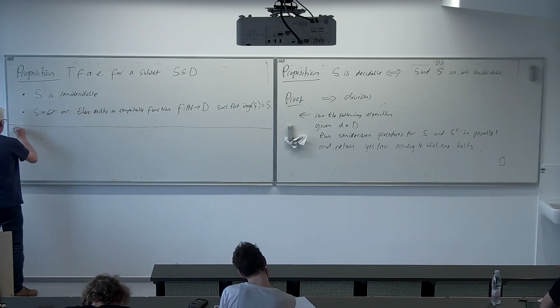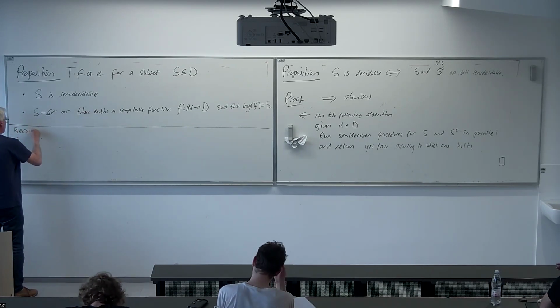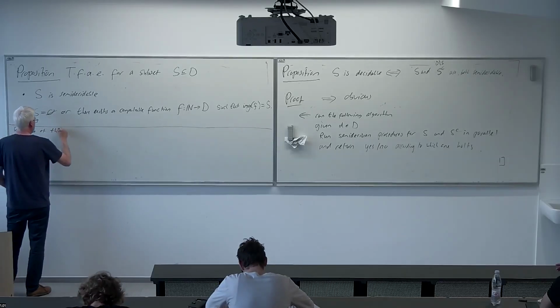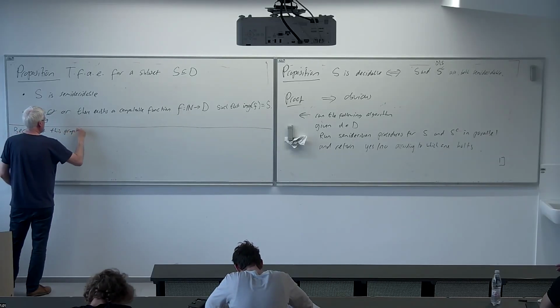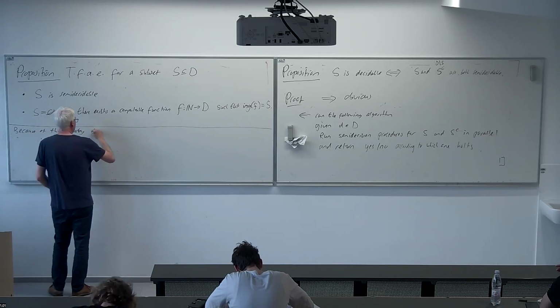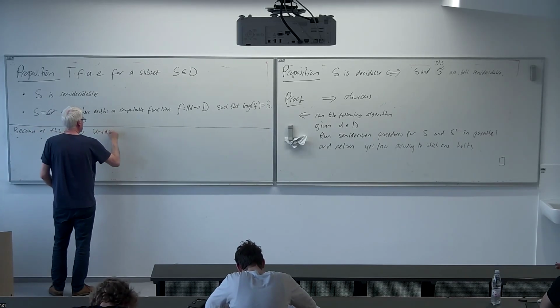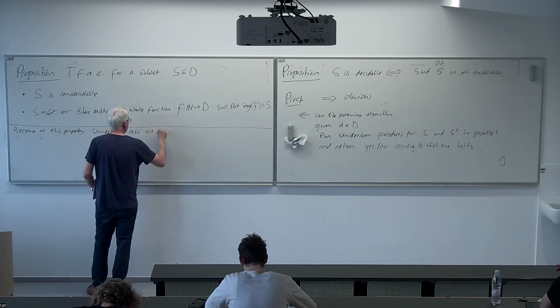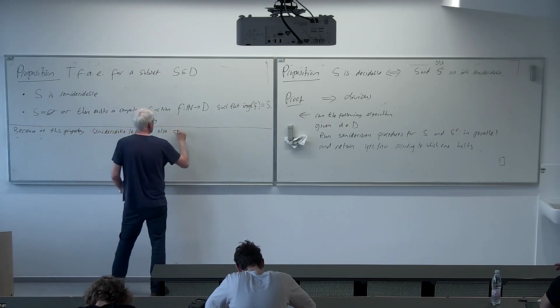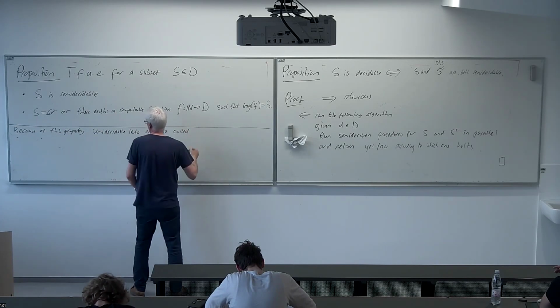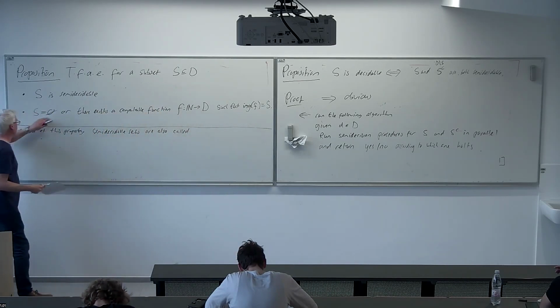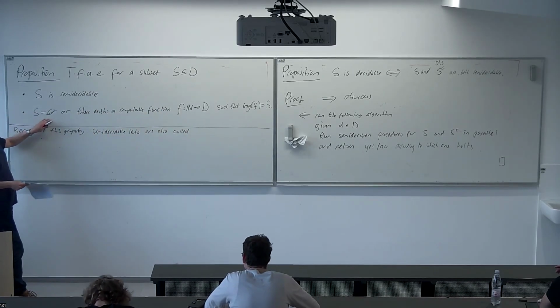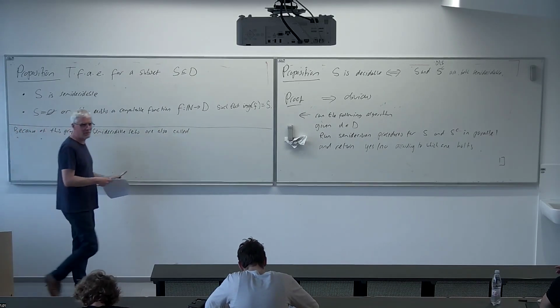So because of this property, semi-decidable sets are also called computably enumerable, and in fact the empty set is also counted as a computably enumerable set, just to be tidy.